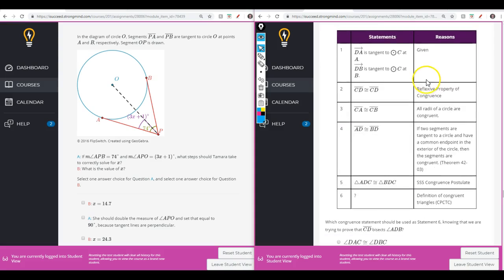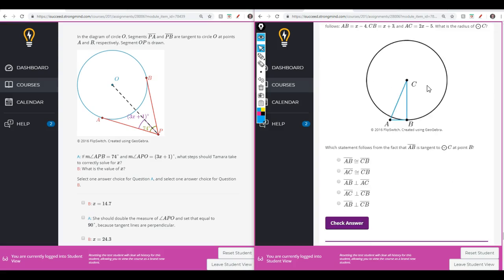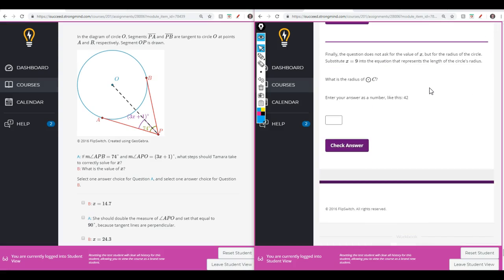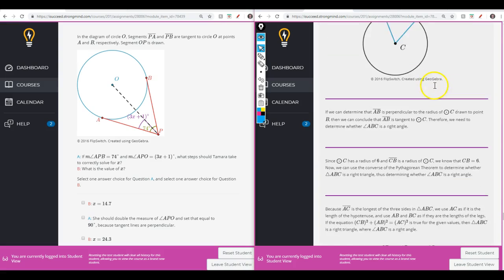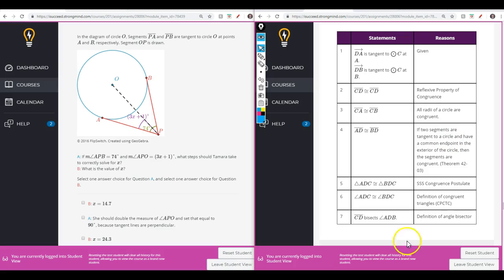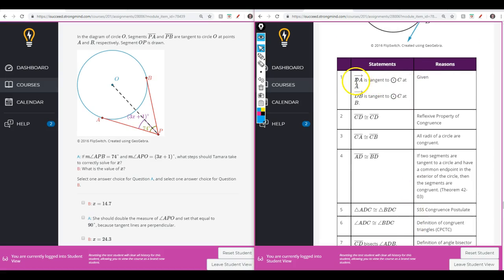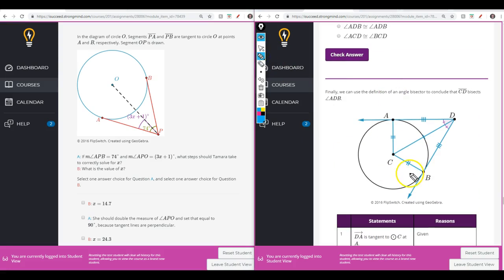So I'm going to scroll back up to this one that looked the closest. Okay, so on this, it was saying that segment CD bisects our angle ADB, and what was given? We were given two rays that were tangent to our circle. So we are given very similar things.